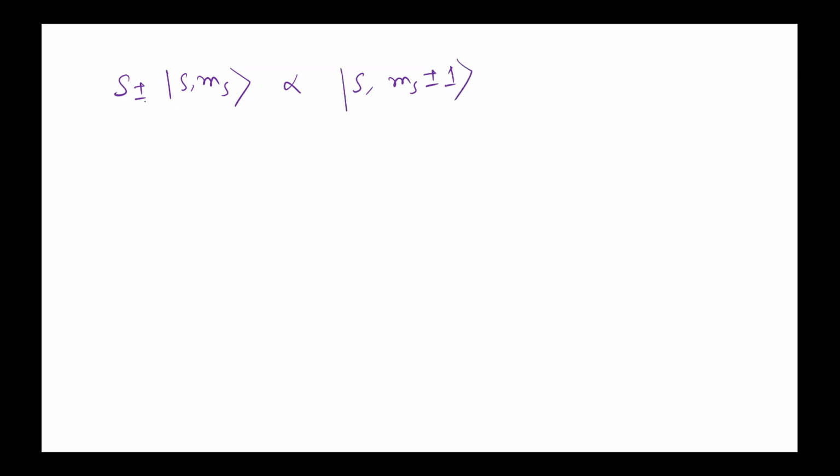So when S plus minus operates on this |s, ms>, it is not affecting the first quantum number s, but the second quantum number is getting raised or lowered by 1. That's why these S plus minus are called ladder operators.